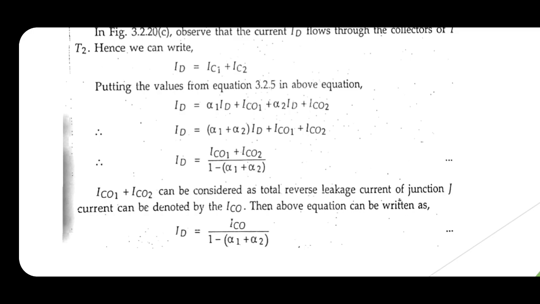ICO1 plus ICO2 can be considered the total reverse leakage current of junction J2. Thus this current can be denoted by ICO. So the final equation is ID, the current between anode and cathode of the SCR, is equal to ICO divided by (1 minus (alpha 1 plus alpha 2)).